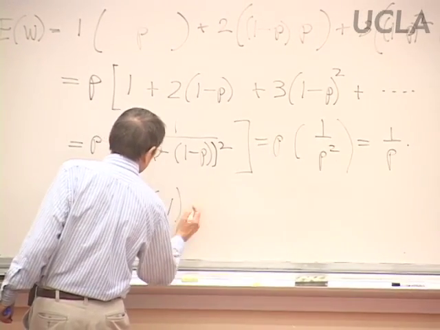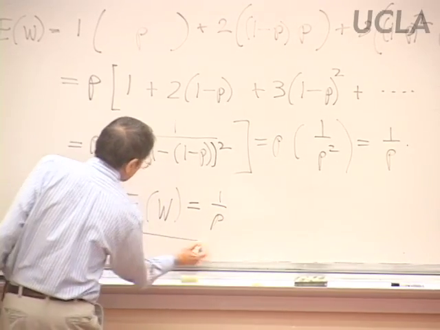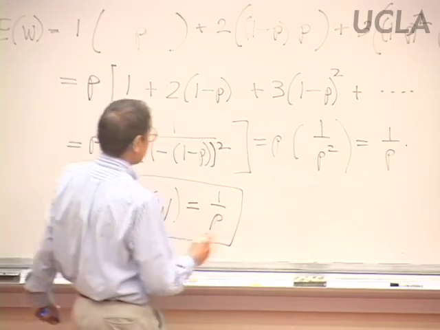There's the answer. The expected value is 1 over p. This gives us the mean for the geometric distribution.